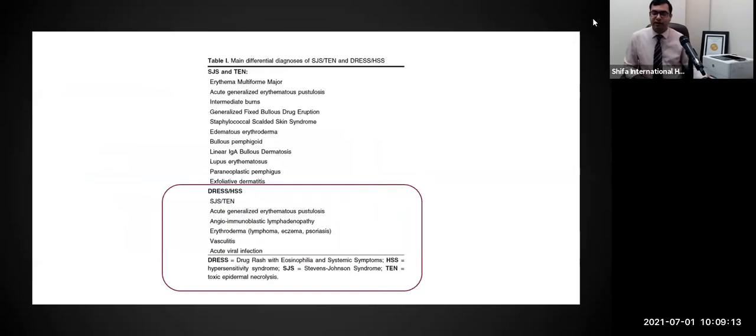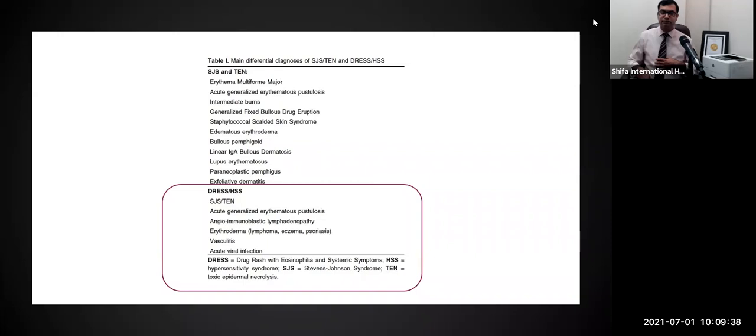Now, the main differential diagnosis for drug hypersensitivity, you can see SJS and TEN is one of that, AGEP, but also erythroderma, generalized redness and scaling. Erythroderma is again a dermatological emergency, and then vasculitis and acute viral infection.